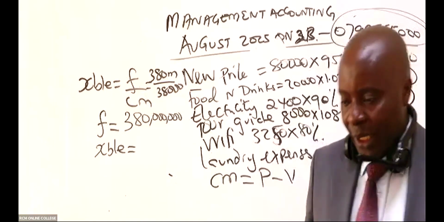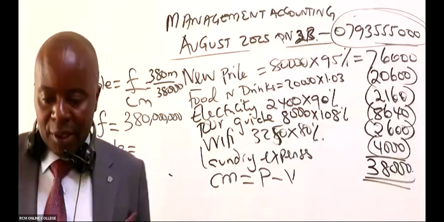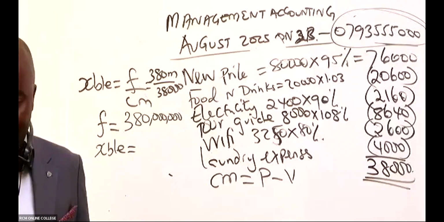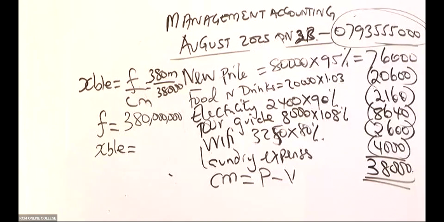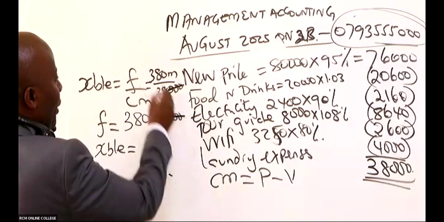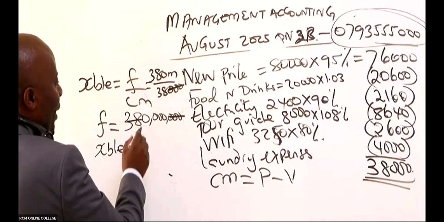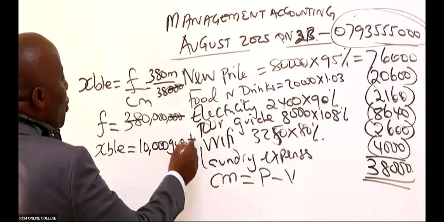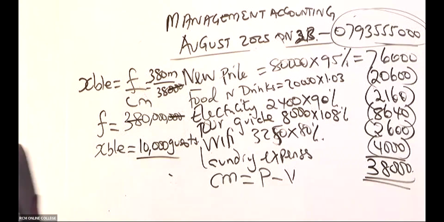It's really, really easy. 380 million divided by 38,000. Remember, this will cancel out, isn't it? Then 380, 38, and this one here. So it'll be 10,000 guests. Again, use your calculator to avoid these cancellations.